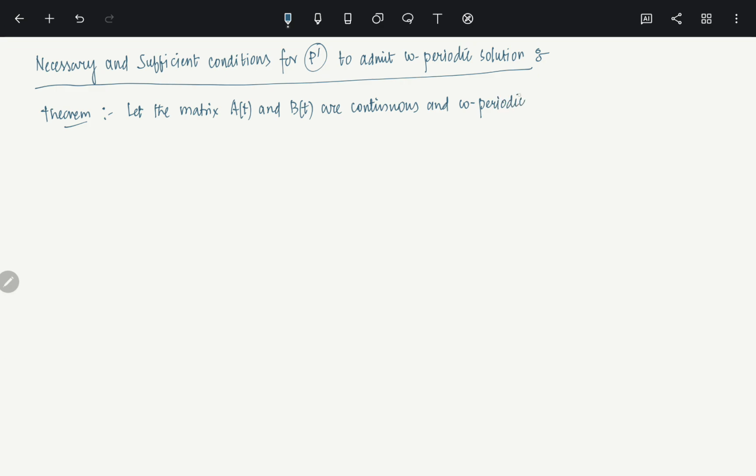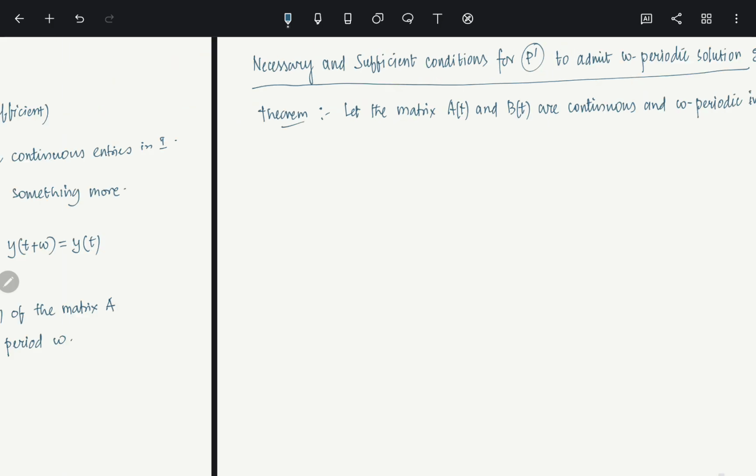I hope you understand what this means. Let's say A is an n cross n matrix, so all the entries are functions of t. They should be continuous and W periodic, and the same holds for B also. It's an n cross 1 matrix, and every entry has to be continuous and W periodic, in R.